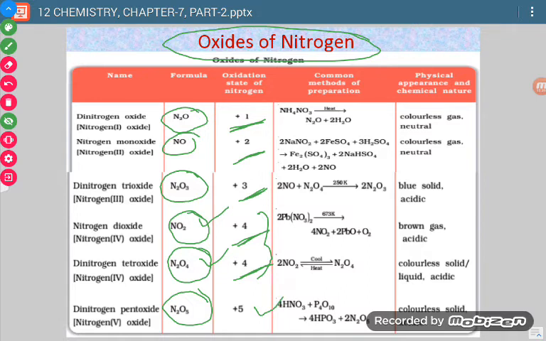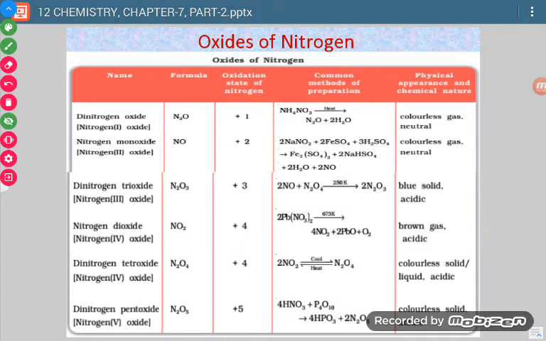So how can we prepare these? Nitrous oxide is also known as laughing gas. When ammonium nitrate is heated, it forms laughing gas. The formula of laughing gas is N2O.